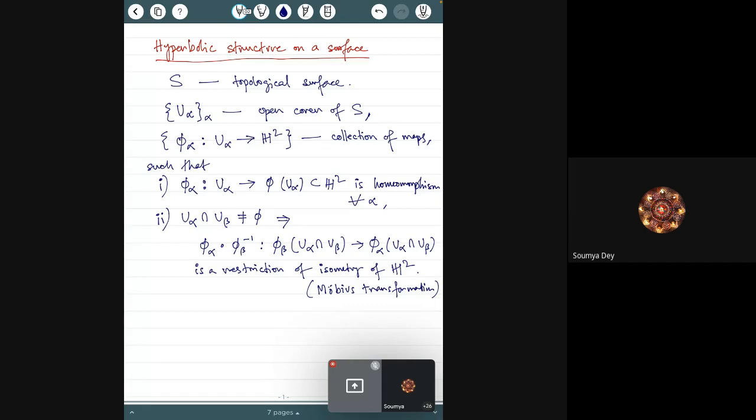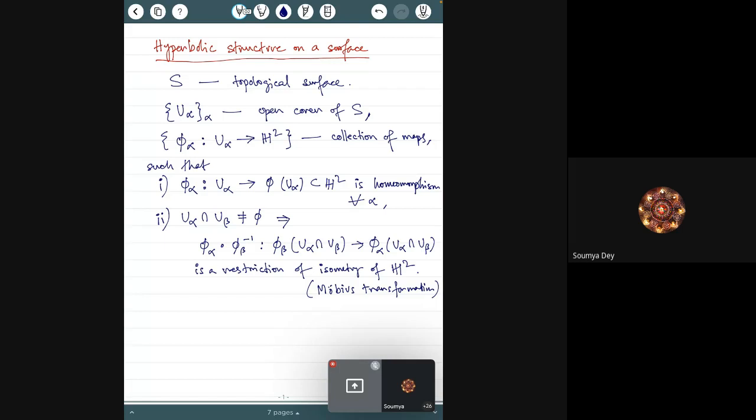If these two conditions are satisfied, such a collection of open sets in your surface S with these maps phi alpha, we call a hyperbolic structure on our surface S.